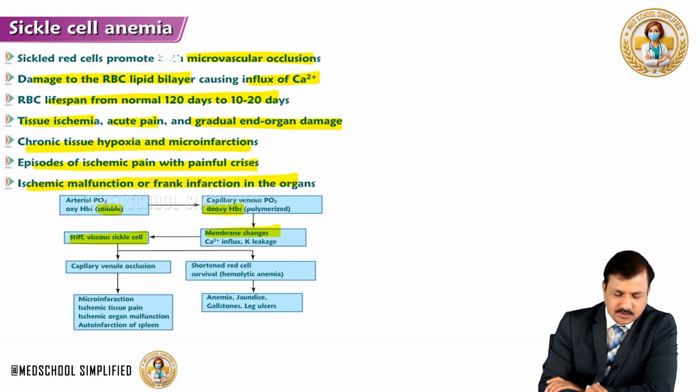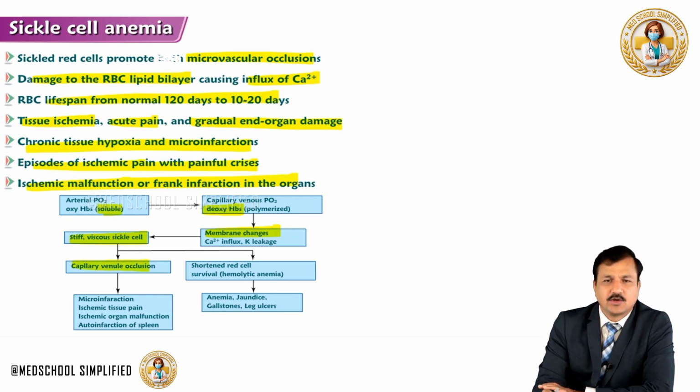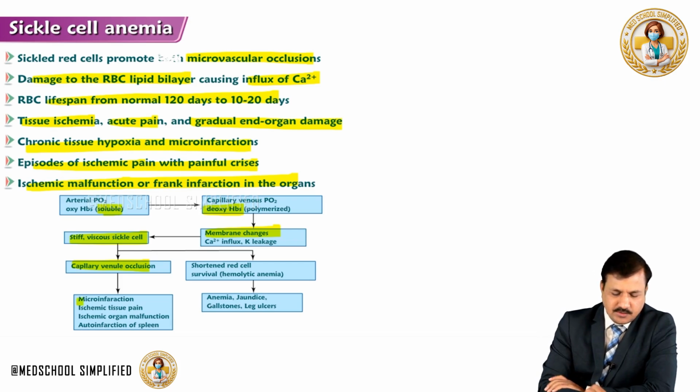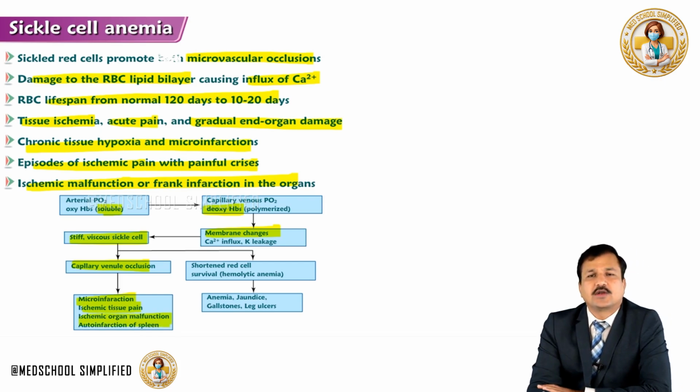Overall, it will give rise to capillary and venule occlusion, and that capillary venule occlusion will lead to microinfarction, ischemic tissue pain, ischemic organ malfunction, and even autoinfarction of the spleen.